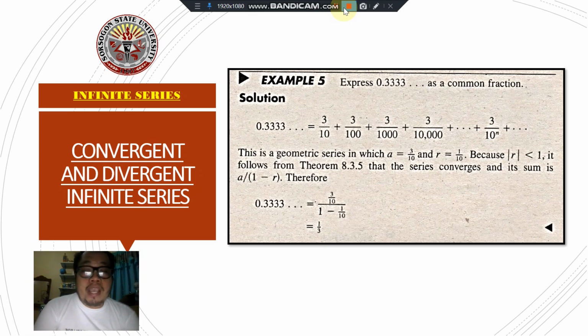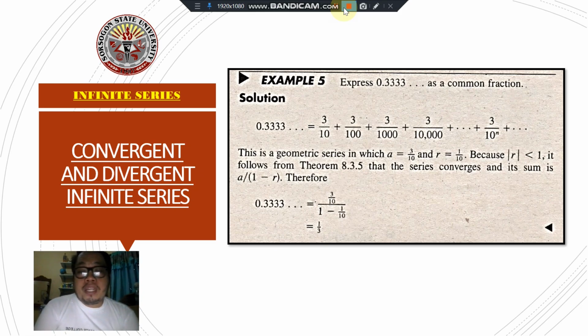As stated, we have the sum of 3 over 10, 3 over 100, 3 over 1000, plus 3 over 10,000, up to 3 over 10 raised to n, up to infinity. That is the equivalent infinite series of the given repeating decimal, in which the repeated digit is 3.